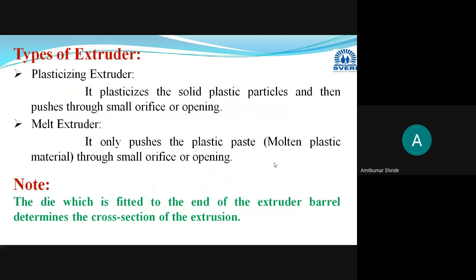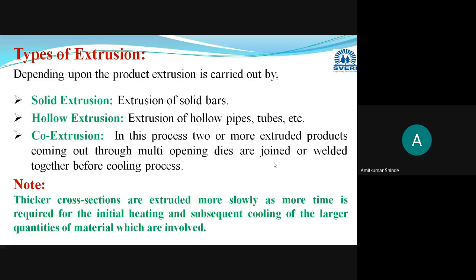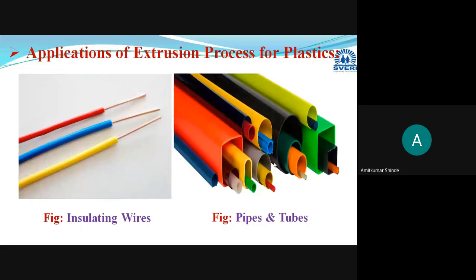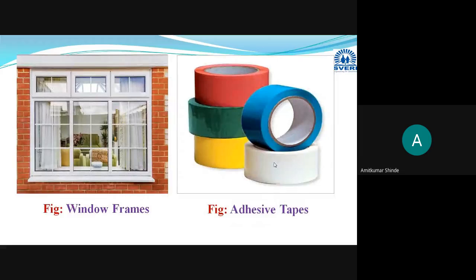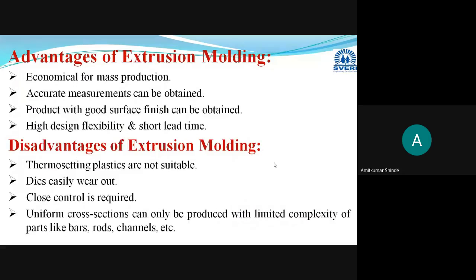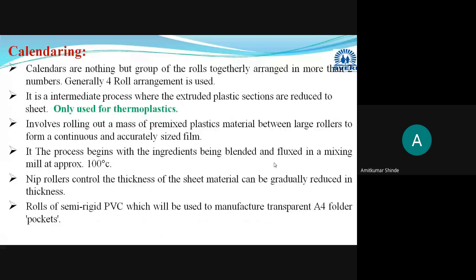Then the types of extruders used, and the types of extrusion depending on the products obtained. Applications include insulating wires, pipes, tubes, hose pipes, garden trellis, window frames, adhesive tapes, then advantages and disadvantages of this method. Then calendaring is nothing but an intermediate operation.